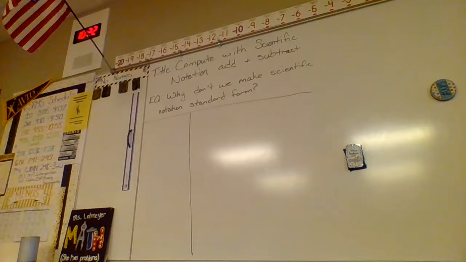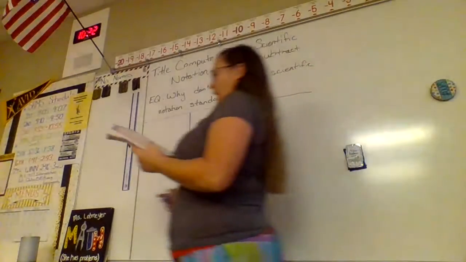All right, so looking at the problems, I'm just going to jump right into solving. There's not a whole lot of notes, there's just a whole lot of examples, because you guys got better at writing scientific notation when they were examples. So let's compute.